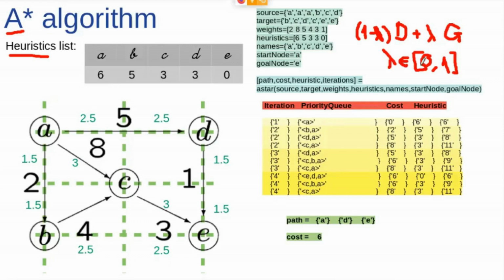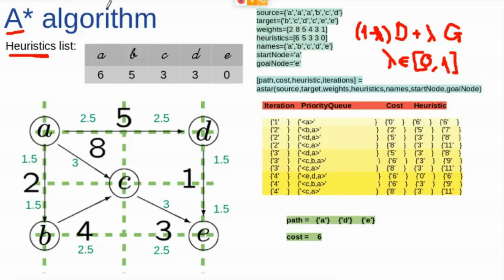Let's say lambda equals 0.5: half the value of the costs in the Dijkstra algorithm, half the value of the costs of the greedy algorithm. That means the heuristic costs, right? That's the idea. Obviously, you could use lambda 0.25, 0.7, whatever you want.